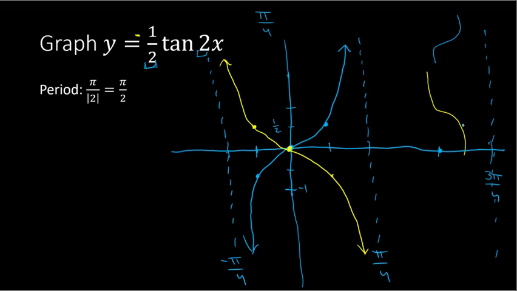It would go up right here, down right here. You'd have another graph like that. So this would continue on forever, okay, where there's asymptotes every pi over 2 away from pi over 4 and negative pi over 4. So there'd be some on the left side as well.